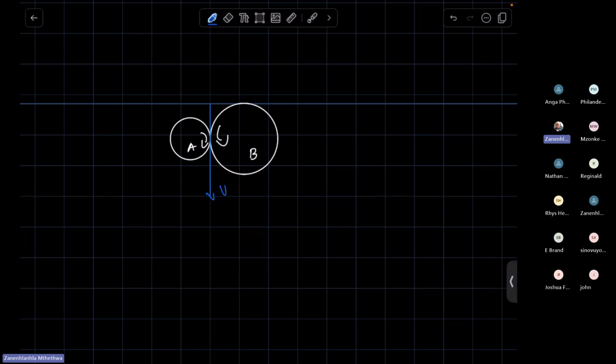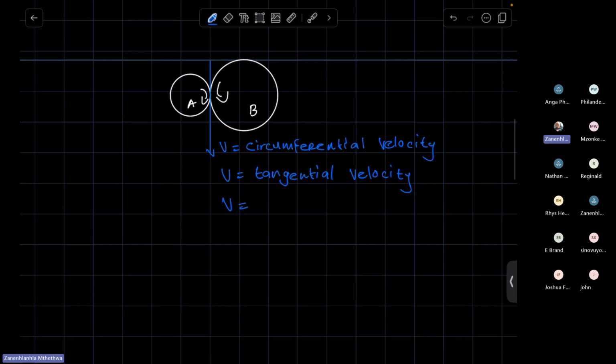So the relationship between two meshing gears is one of circumferential velocity, also known as the tangential velocity. This is going to come in handy when you do Mechanotechnics N6. Now this in general is equal to what?